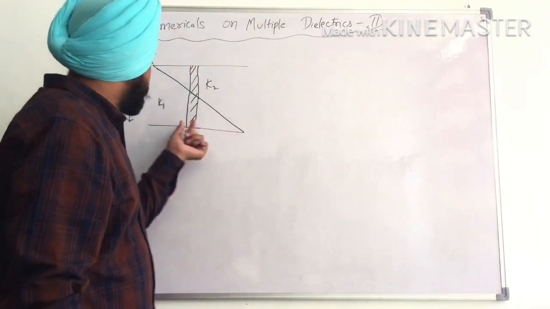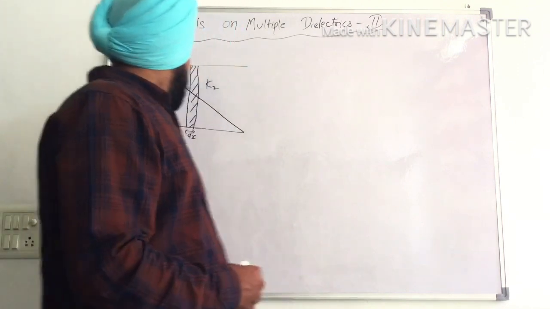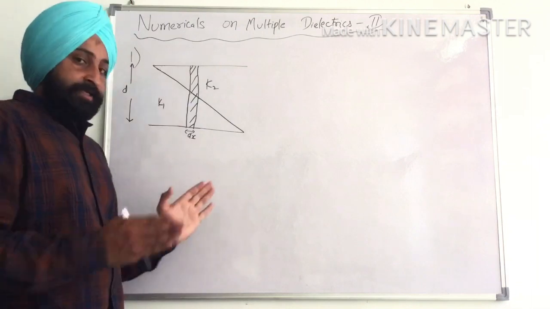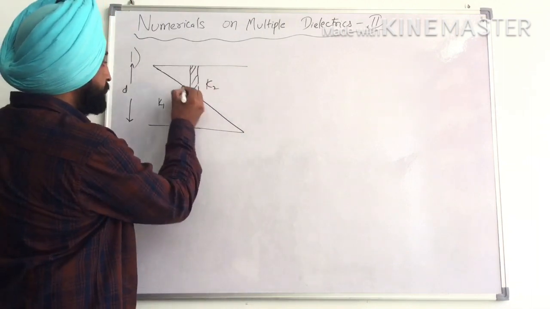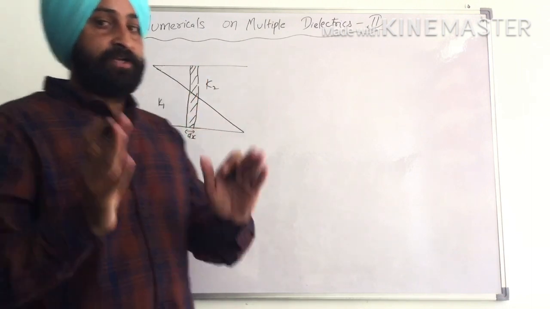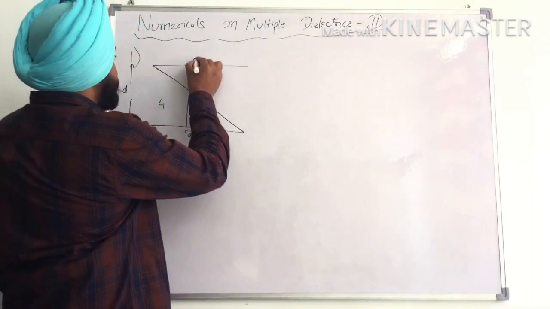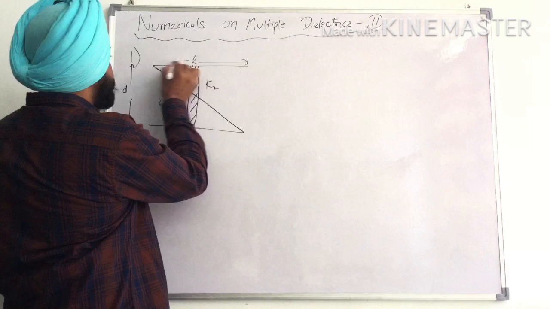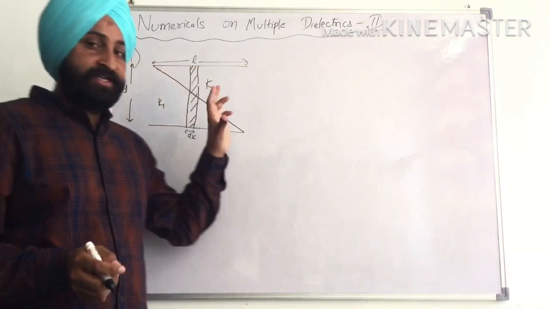So I am considering a small element whose thickness is dx. So I will be calculating the capacitance due to this small element and then I will be integrating to calculate our total capacitance. Now here, let the length of these plates be L, and separation is already, we took it as D.